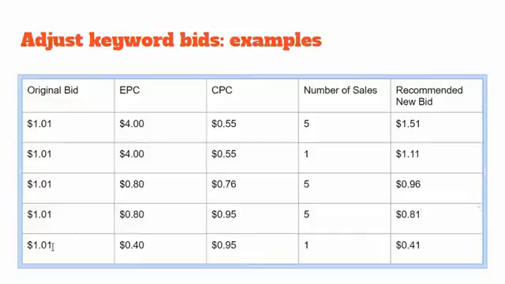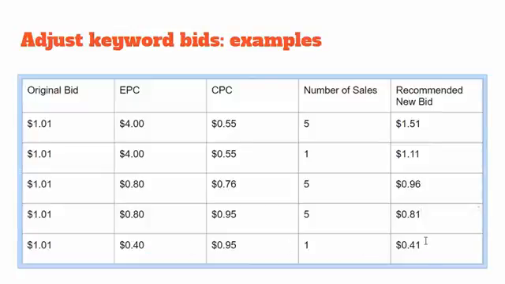The original bid is $1.01, the EPC is 40 cents, the CPC is 95 cents, and we have only made one sale. In this case, obviously we need to significantly decrease our bid. I would make it 41 cents so that it is just about the same as the EPC.